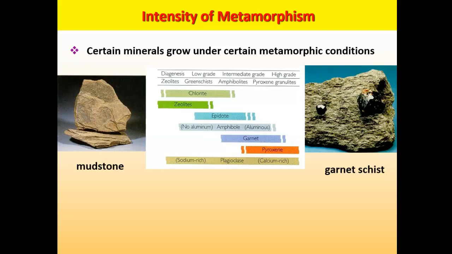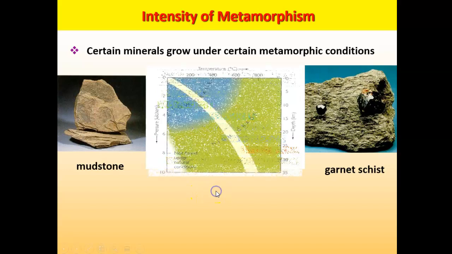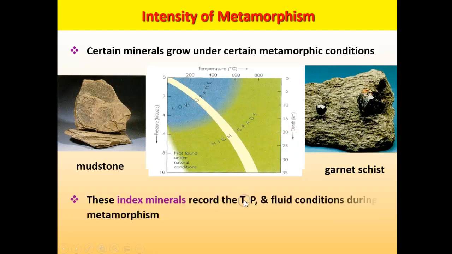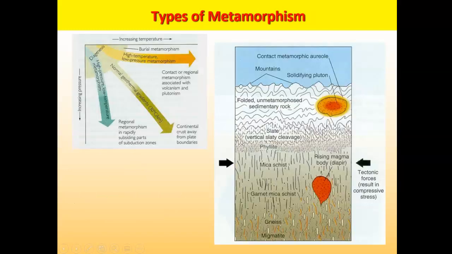And so a lot of times we call these index minerals, and they can give me some more information about where this rock formed. And of course that helps me with my story. So these index minerals, these minerals that only show up under specific conditions, tell me something about what happened here. So they're recording all these different factors that influence the change in my rock.